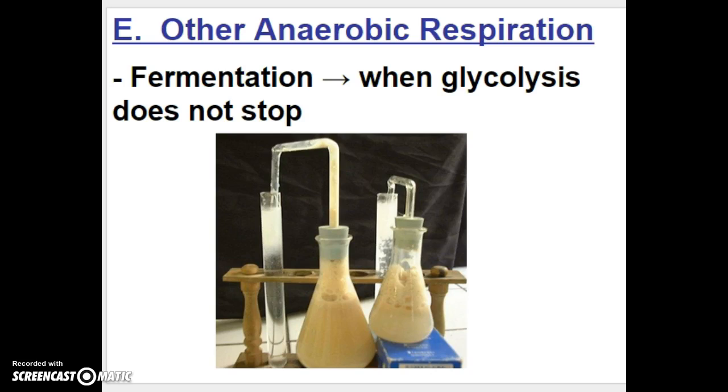Another type of anaerobic respiration, where oxygen is not required, is fermentation. Fermentation occurs when glycolysis does not stop. So instead of becoming a 6-step process, all of a sudden glycolysis starts to get into a cycle.